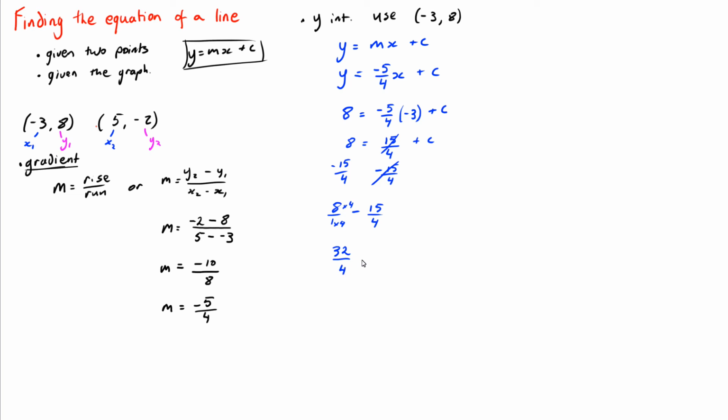On the bottom I've got a 4. 15 over 4. 32 take 15 we get 17 on 4. So we've got c as 17 on 4. And then our final step is to state what our equation is. So y equals m, so -5 on 4 x plus 17 on 4.